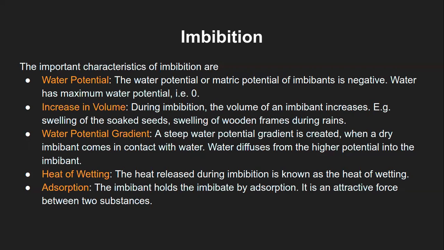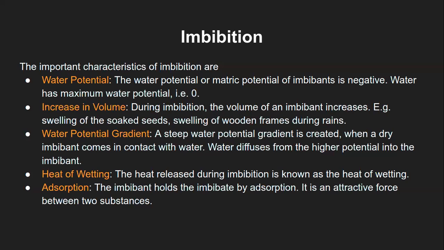Third characteristic is the water potential gradient. Now we have seen the water potential, that is the ability of water to transfer across the membrane or across different places. Now, because there is a gradient, a steep water potential gradient is created when a dry imbibant comes in contact with water. Let's say water is there and sabudana which has no water; if I am adding that sabudana to water, that creates a great potential gradient, because it goes from no water to very high water.